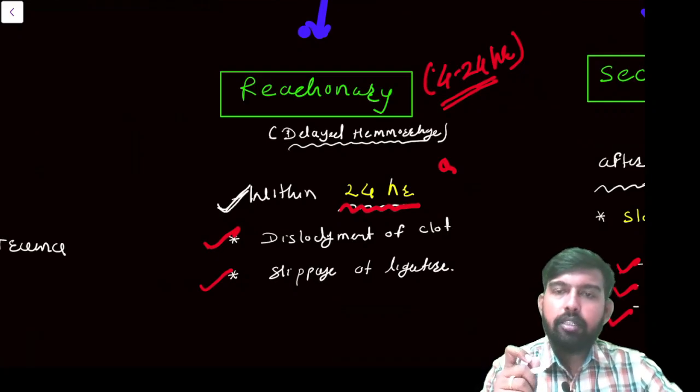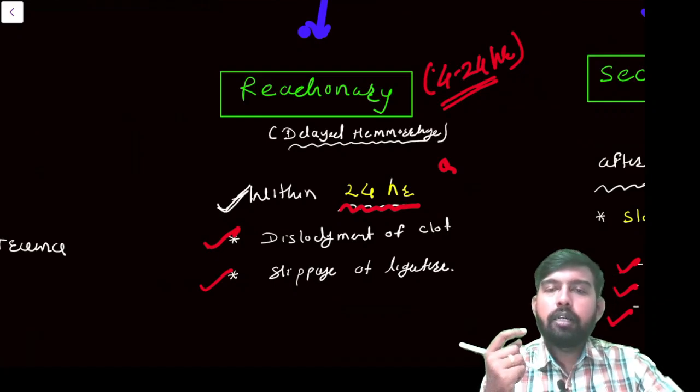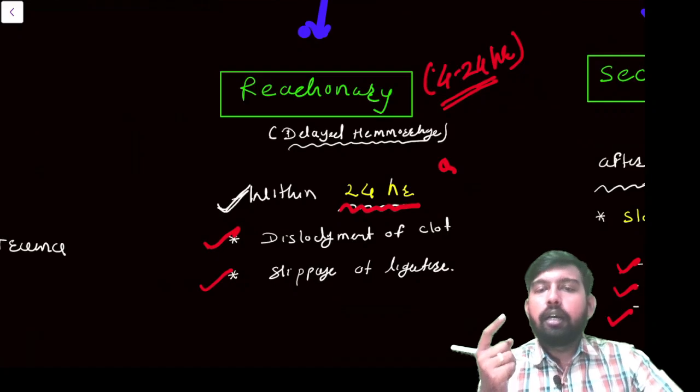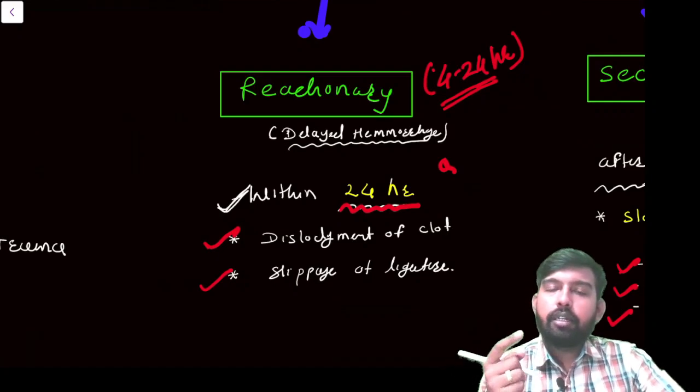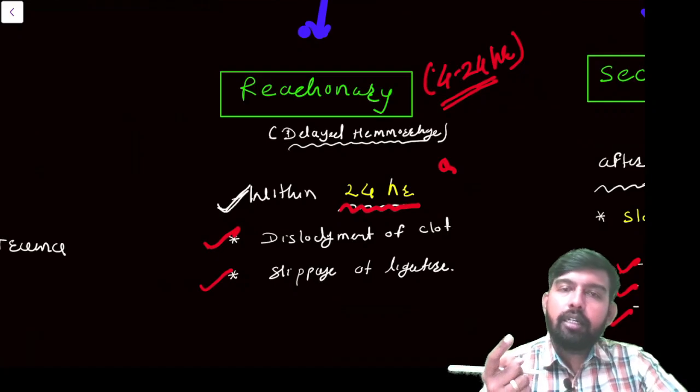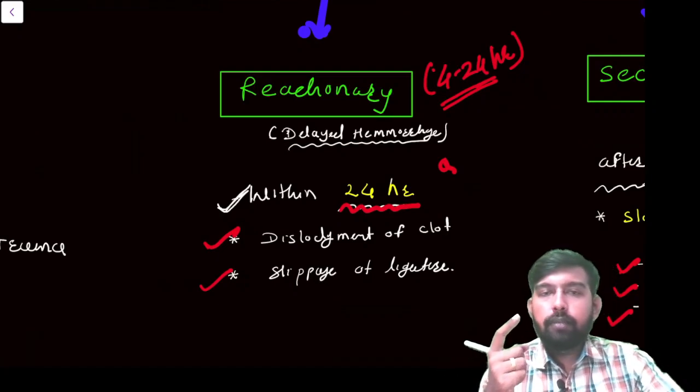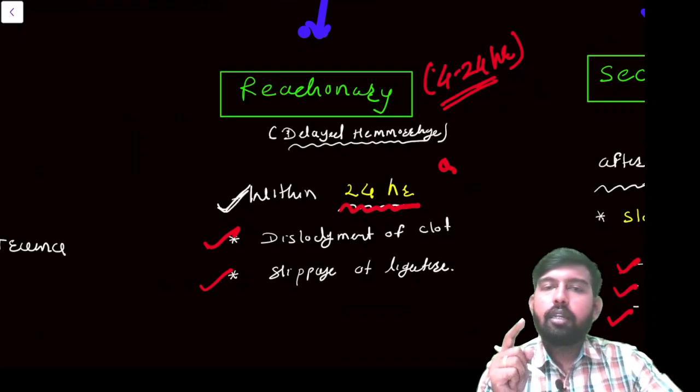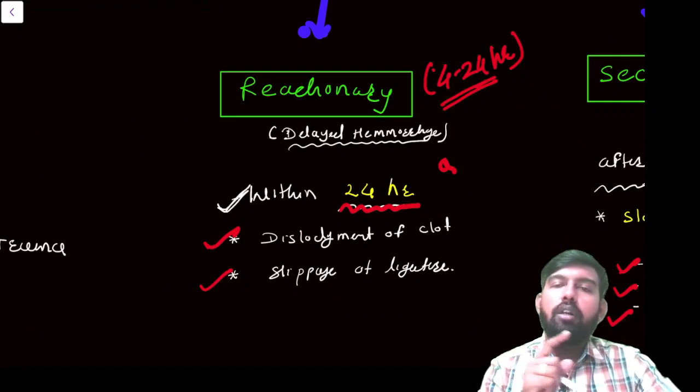We tie the blood vessel during the surgery, but there could be slippage of the ligature which results in active bleeding. This is a reactionary hemorrhage which occurs within 24 hours.